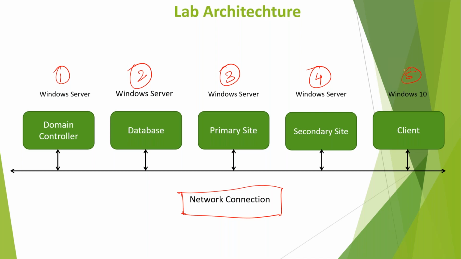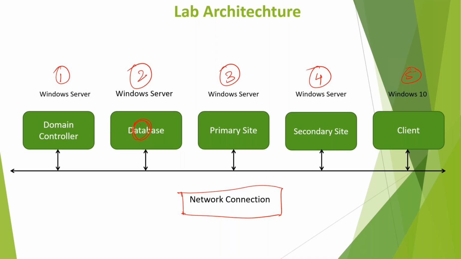So 5 machines we will create, or maximum 6 machines, and we will have a few servers and client machines. All will be connected to the network connection so that they can talk to each other. Why do we need database?